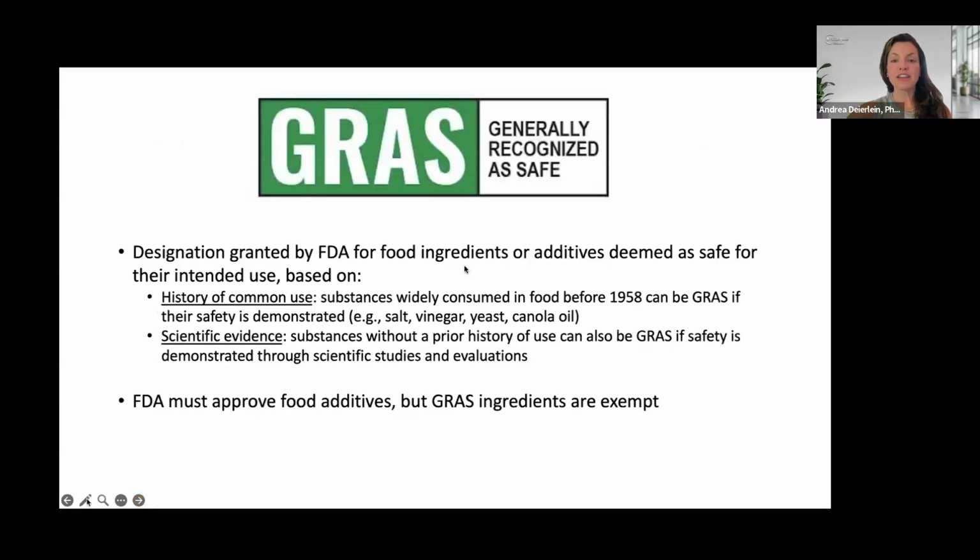But as I mentioned, there is this generally recognized as safe designation, or category, that basically separates out ingredients and makes them no longer considered food additives.